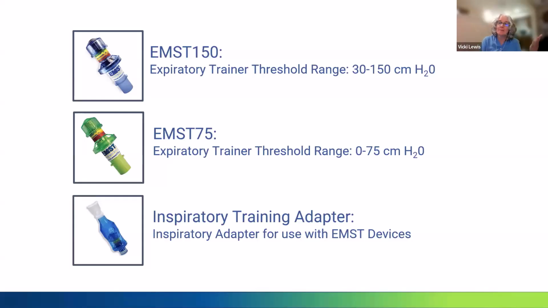So if a patient needs EMST and IMST, you can accomplish that with this adapter. There are other companies too. They don't make adapters, but they make designated inspiratory muscle strength training devices as well. So if it's something you're interested in, there's a lot to explore.